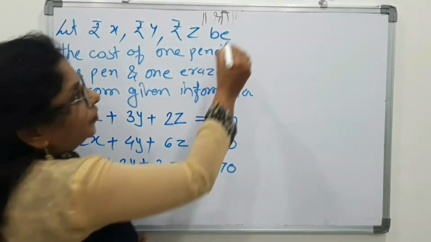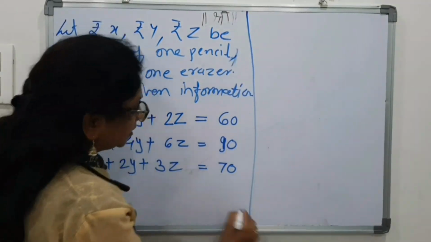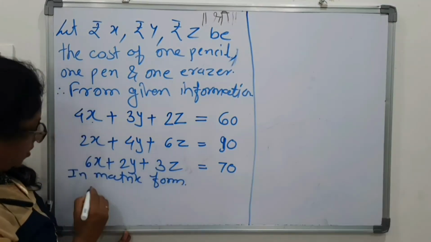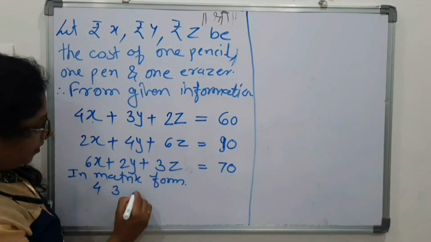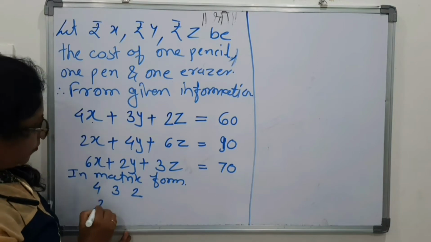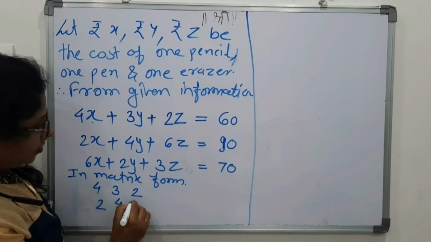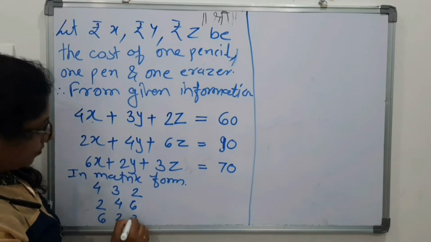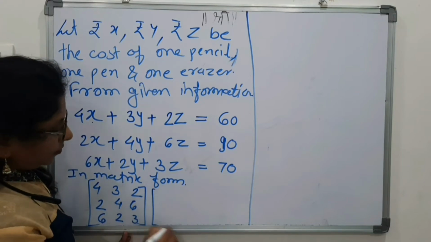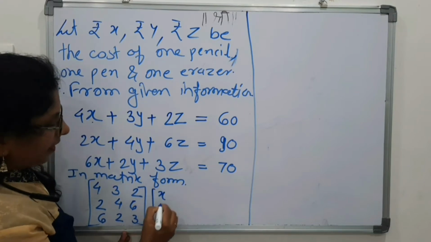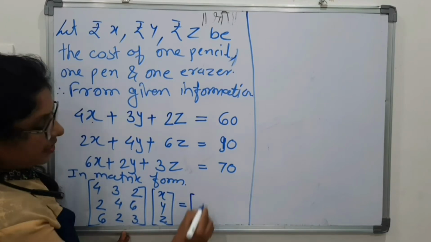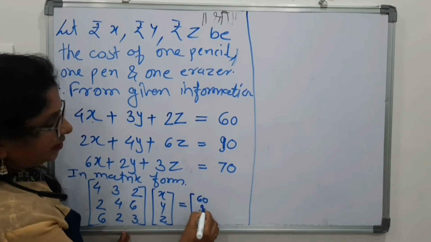Now first we will convert this equation into matrix form. 4, 3, 2, 2, 4, 6, 6, 2, 3. Now the matrix of variables x, y, z, and lastly 60, 90 and 70.